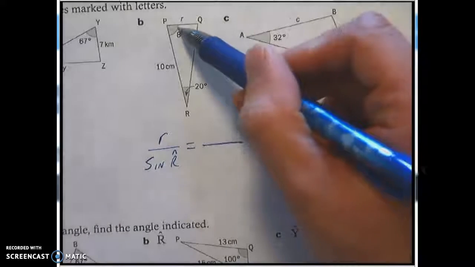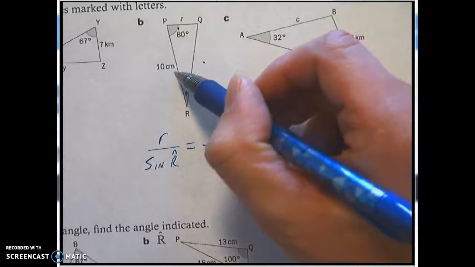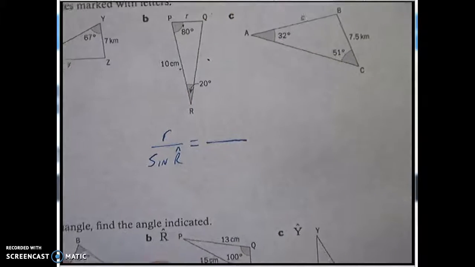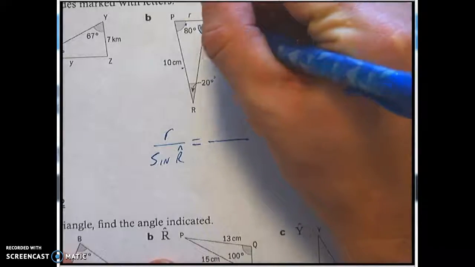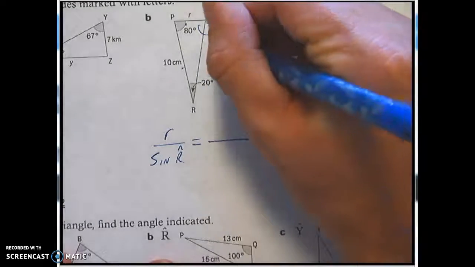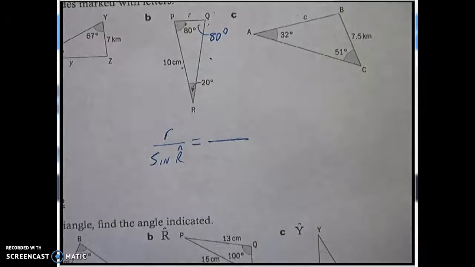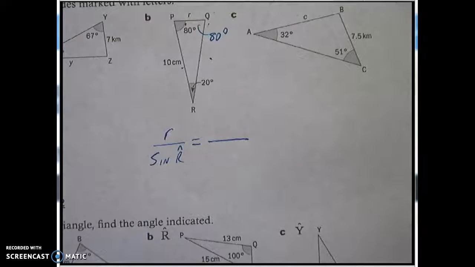At the moment, we have angle P, but not side P, and we have the side Q, but not angle Q. But if you remember that triangles add up to 180 degrees, then you'll remember that this must also be 80 degrees. So 80 plus 80 plus 20, that's 180, right?